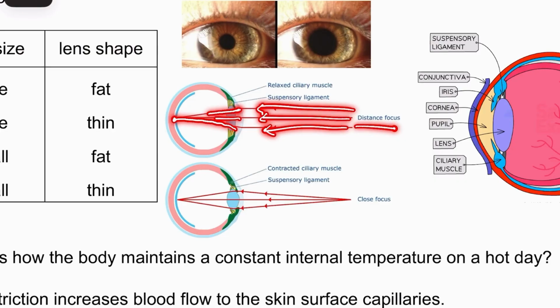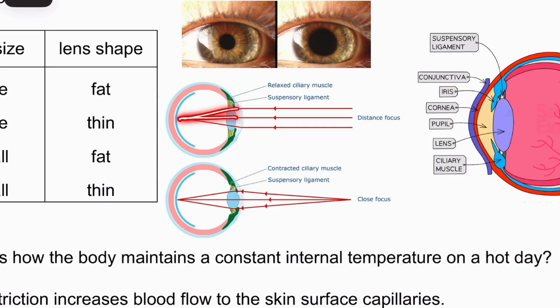It has to be focused on the retina. What does focus mean, guys? It means they all converge on the retina. If they converge too early, like they converge here, then the image will be blurry. If they converge later, like over here behind the retina, remember the retina is this blue line here, right? So over here or over here, if it doesn't land on the retina, it will be a blurry image.